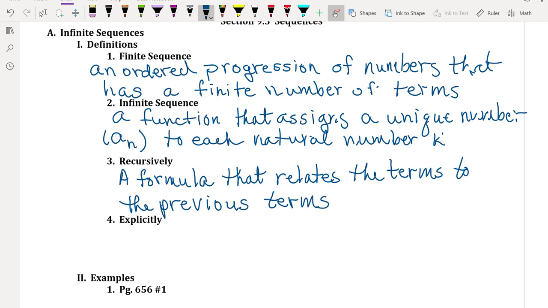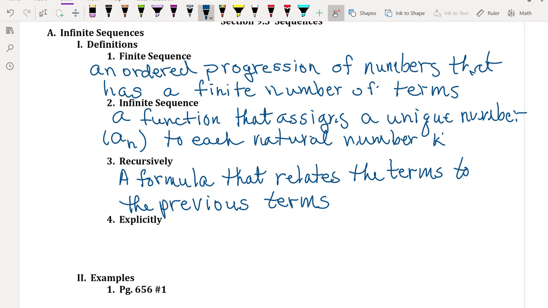That would be to say something like start at the number 4 and add 3 every time. So you're starting with a number and you're given a way to find the next one based on the last one. So 4, then 7, then 10.